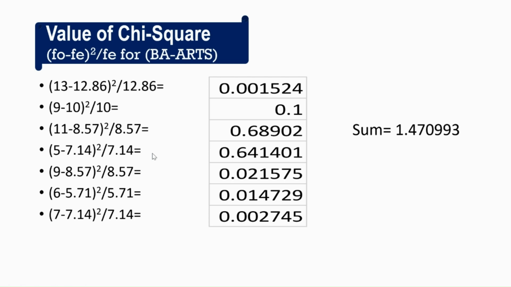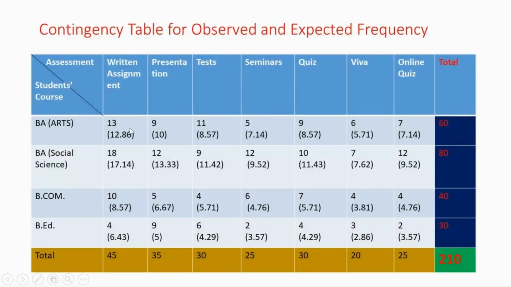Now we want to find the (FO minus FA) square divided by FA value in the chi-square test for the BA Arts students. As we see, FO for the BA Arts student is 13 and FA is equal to 12.86.